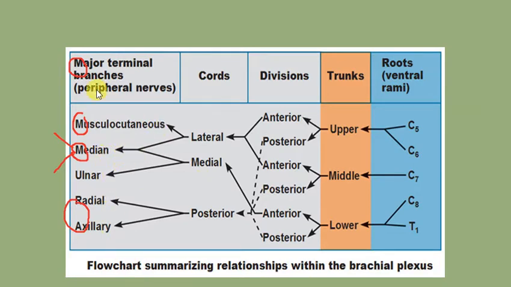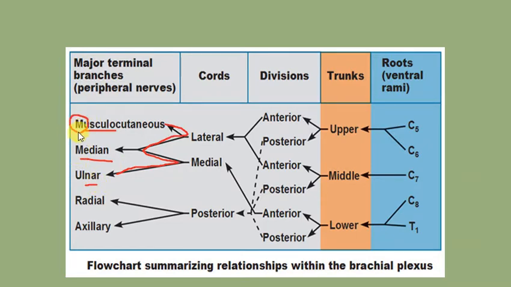So median nerve, musculocutaneous, ulnar. You can't remember everything here, but it is important to remember a few things. For example, in this M-shaped structure, we have musculocutaneous, median, ulnar.